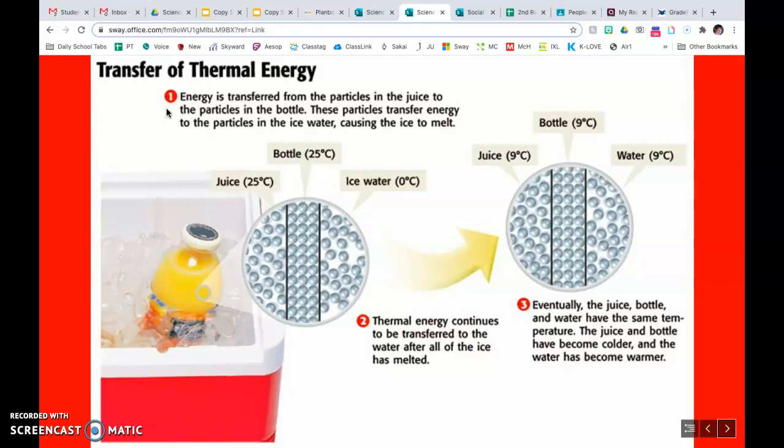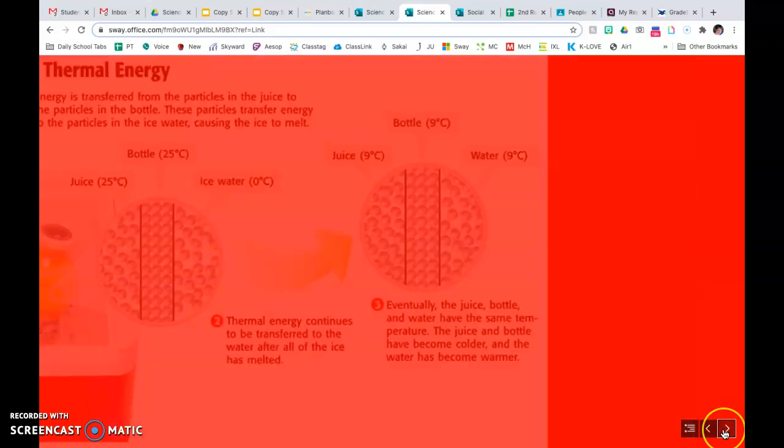It always goes from hot to cold. Thermal energy continues to be transferred to the water even after all the ice has melted. And then eventually the juice, the bottle, and the water all have the same temperature. So they have reached thermal equilibrium. The juice and the bottle have become colder and the water has become warmer. Hot to cold.